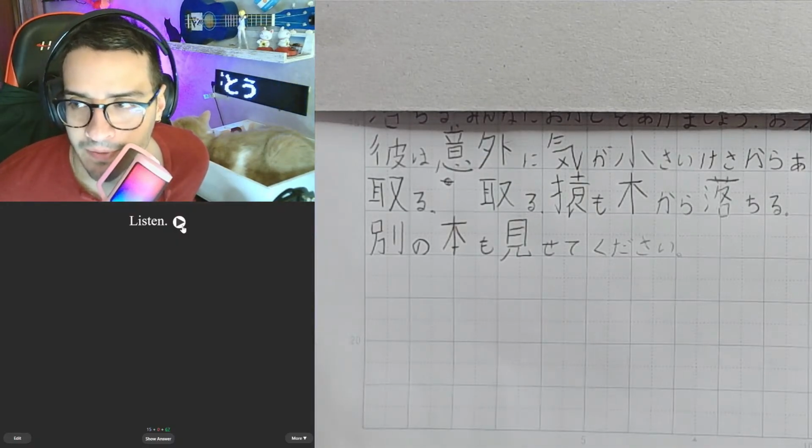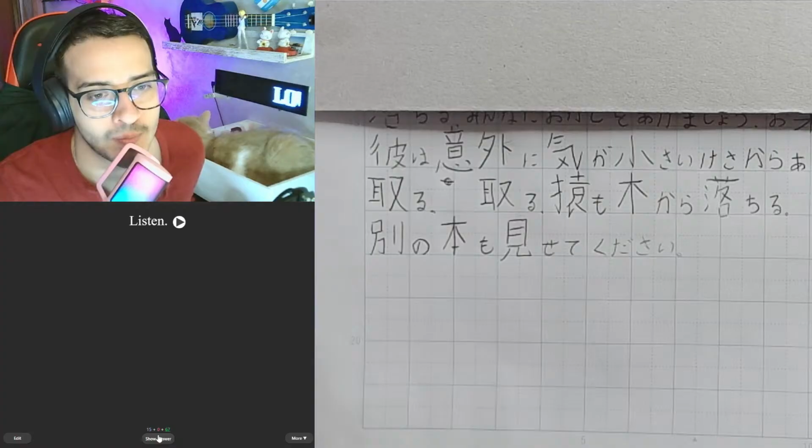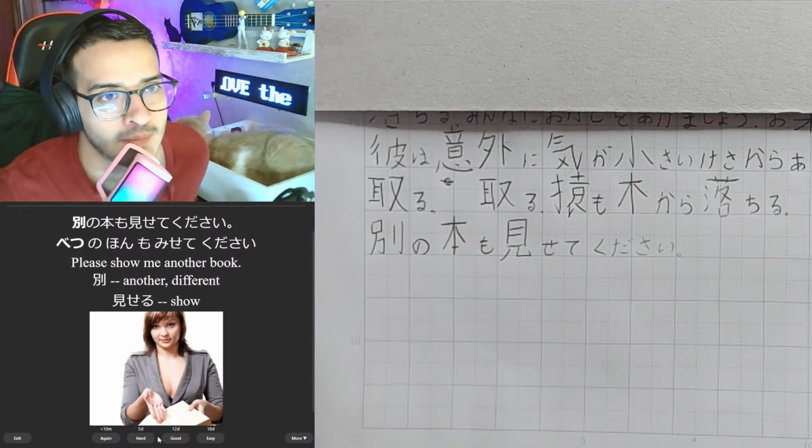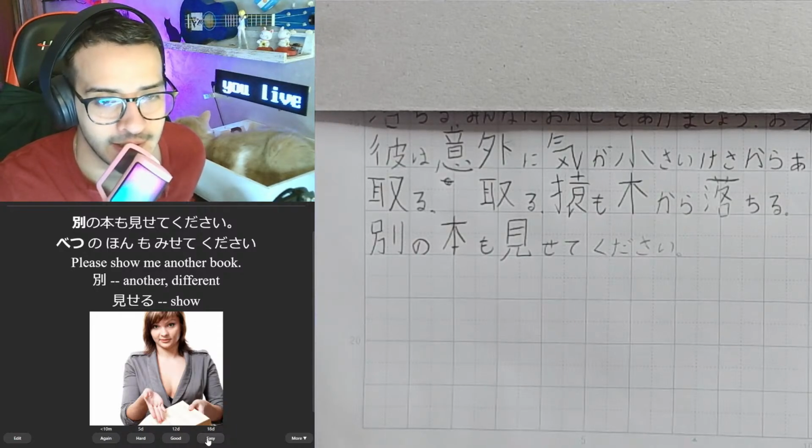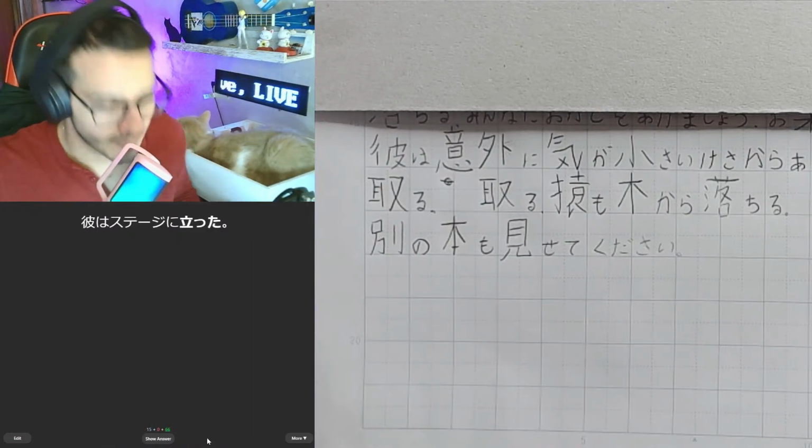Please show me another book. Easy. 18 days. Okay, some reading here.